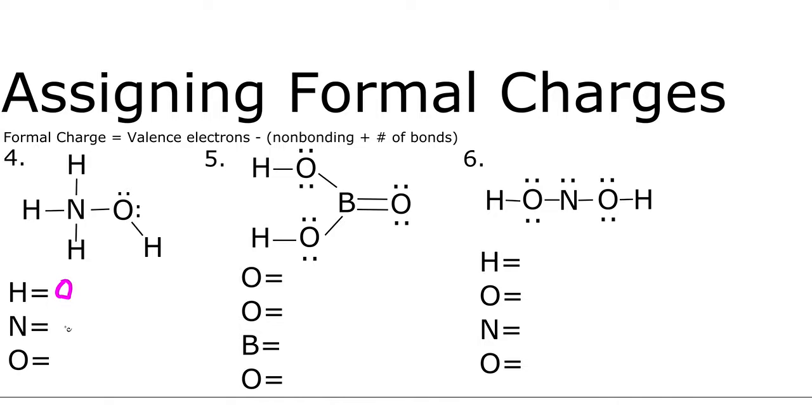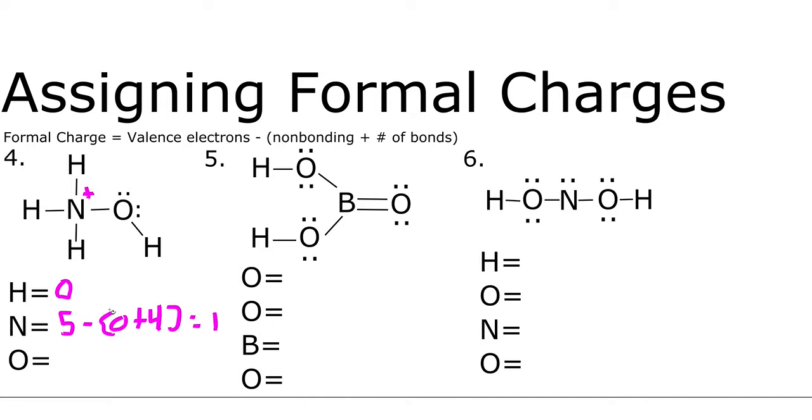Let's look at this nitrogen. It is found in group 15, so it has 5 valence electrons, minus how many non-bonding? There are no dots, so 0. Count the bonds, 1, 2, 3, 4, so 5 minus 4, which gives us a positive 1. So this nitrogen has a positive charge.